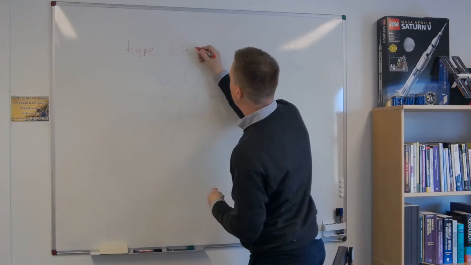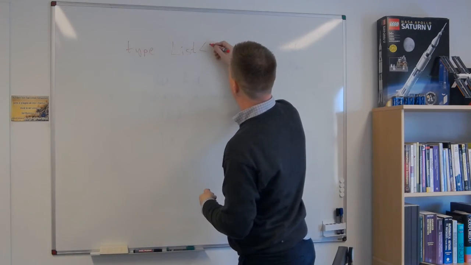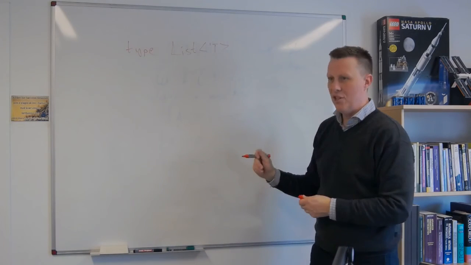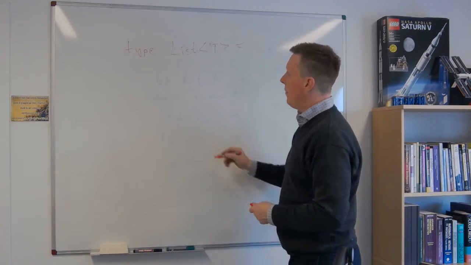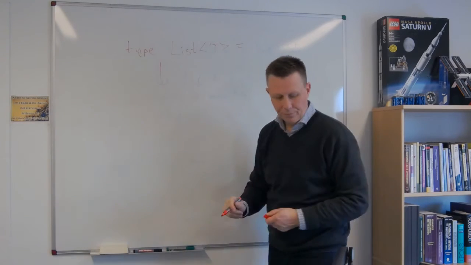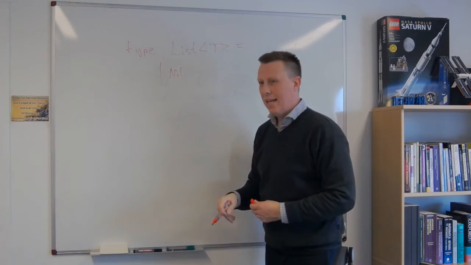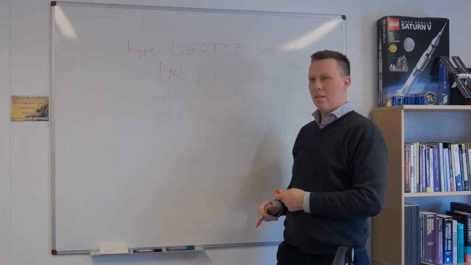Type list of t. The list will be necessarily generic, equals, and we have two cases. We have the case nil, which means end of list.